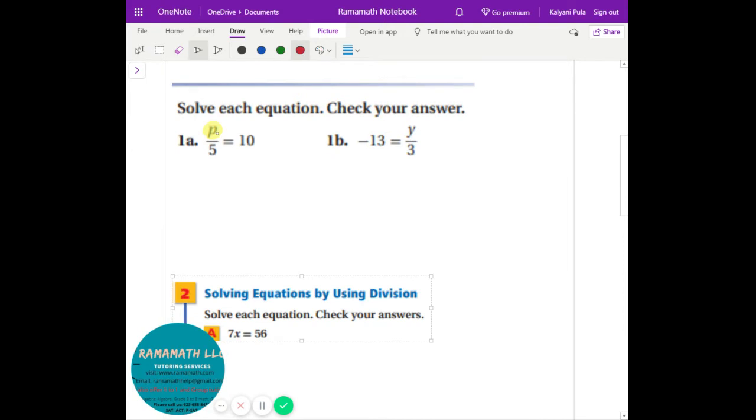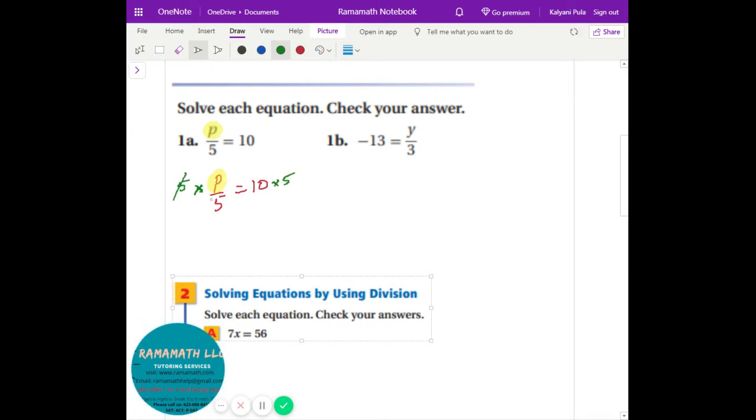Since it is a divide, the 5 is dividing the p, so I'm going to multiply by 5. I can write it one more time pretty quickly, but otherwise you don't need to write it. My variable is here, and I want to get rid of this denominator, which is 5. I'm going to multiply by 5. If I multiply by 5 on this side, I have to multiply by 5 on the other side too.